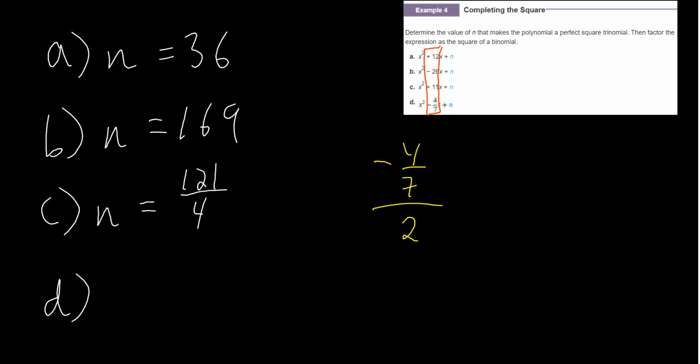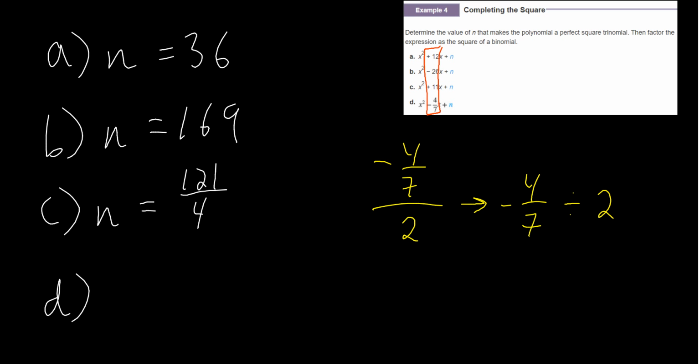All right. Well, from here we know that we can rewrite it as negative 4/7 divided by 2, right?